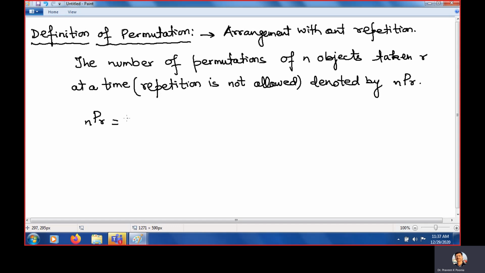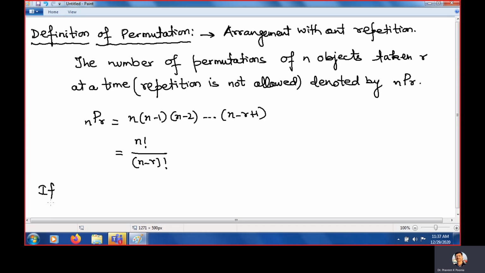And what is the value of nPr? The value of nPr is n, n minus 1, n minus 2, up to n minus r plus 1. And if you want to write this in terms of factorial, it will be factorial n upon factorial n minus r. Clear? This is the definition. This is without repetition.